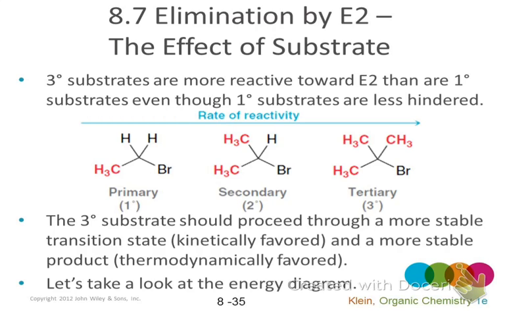What if the transition state is getting lower in energy by increasing the degree of substitution? It sounds kind of like SN1. It has to do with stability of the carbocation. But we don't have a carbocation in this mechanism. They don't form.